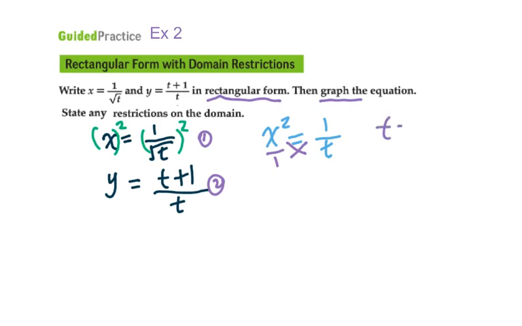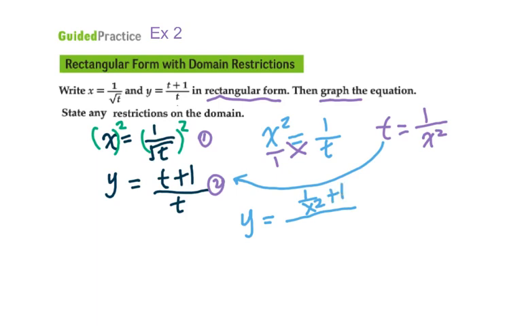We will get t equals 1 over x squared. Then now we plug t equals 1 over x squared into this equation. We got y equals 1 over x squared plus 1, then over 1 over x squared.